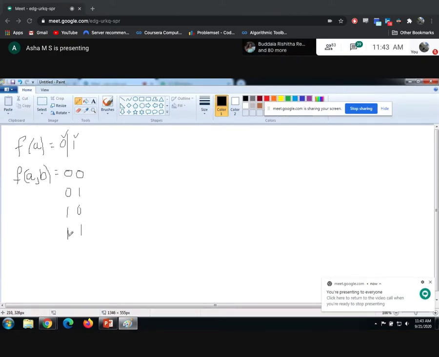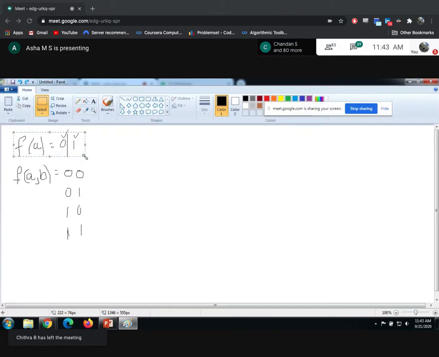Usually how will we be writing this? We will be writing it as 2 to the power of 0. However, no need to worry about the single element. We will not be using it. So this bit represents A. This bit represents B. Correct, right? How will we be writing it? 2 to the power of 0, 2 to the power of 1. 2 to the power of 0 is nothing but what?